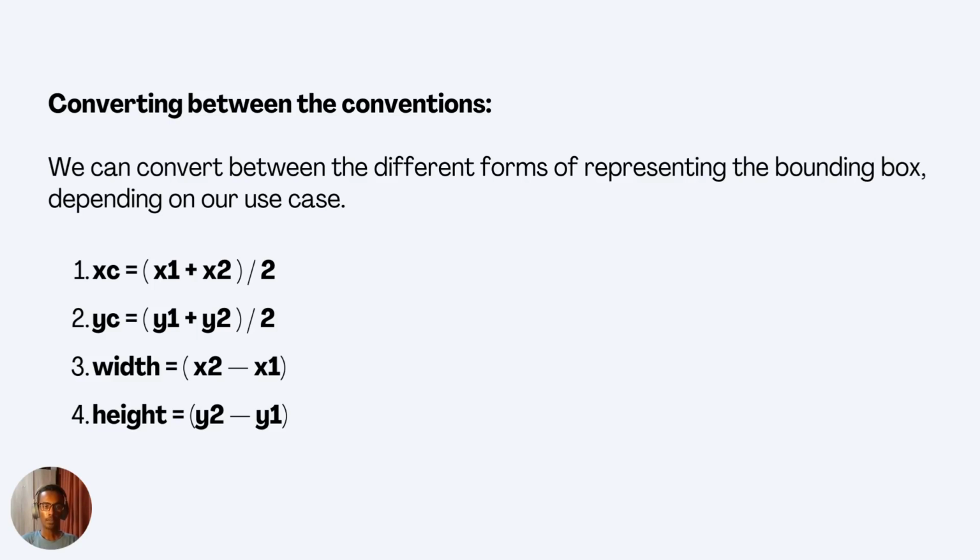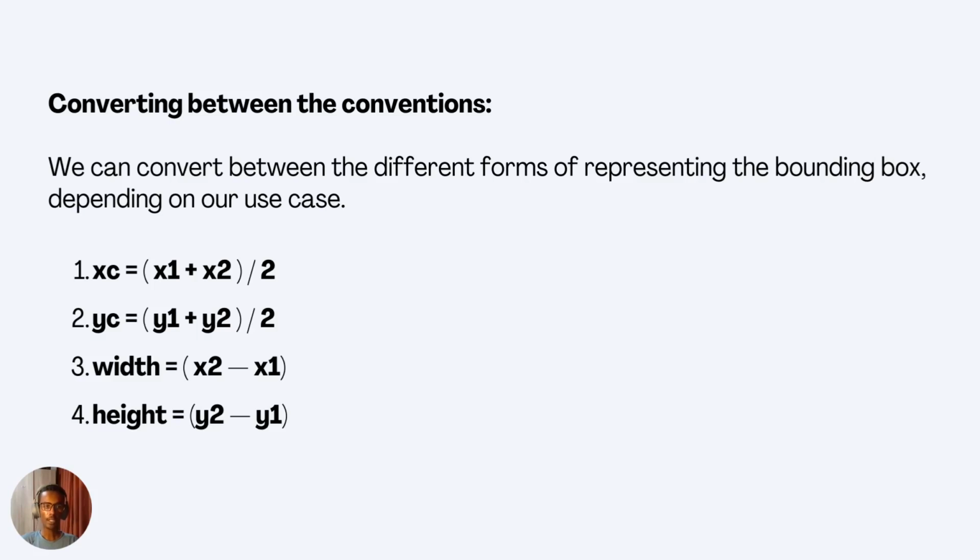First we have to find the sum of the x coordinates of the top left and bottom right. For example, in order to find the center point xc, we can add x1, which is the x-coordinate of the top left corner point, plus x2, which is the x-coordinate of the bottom right corner.